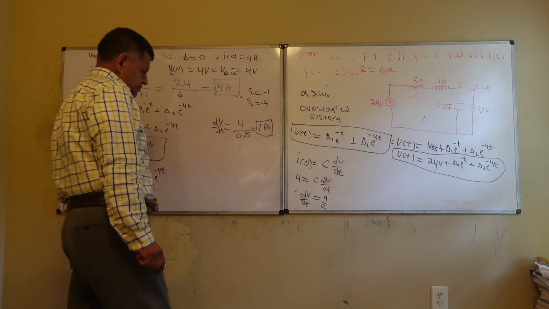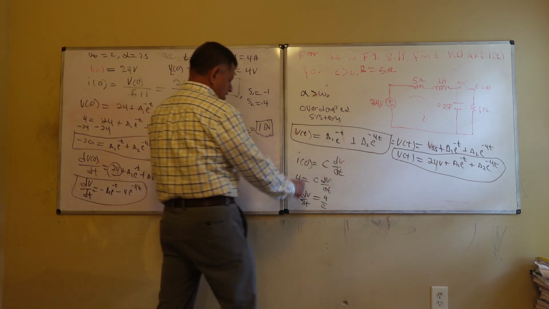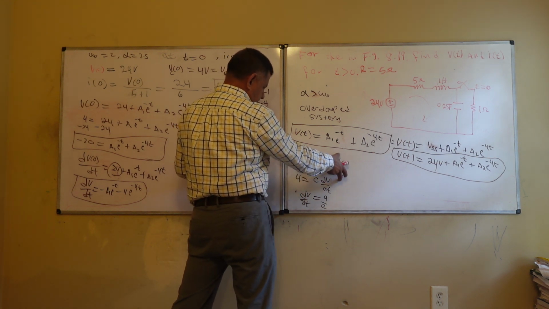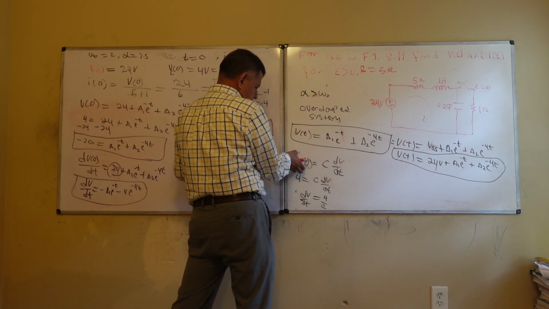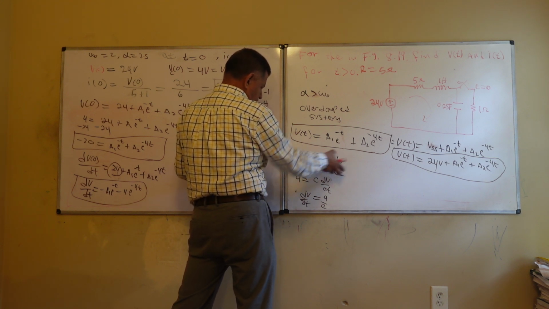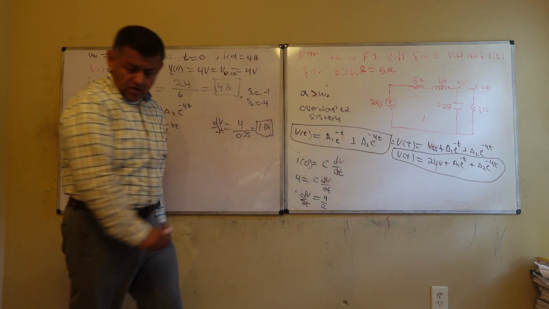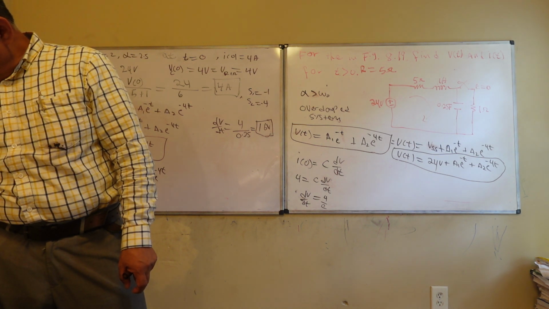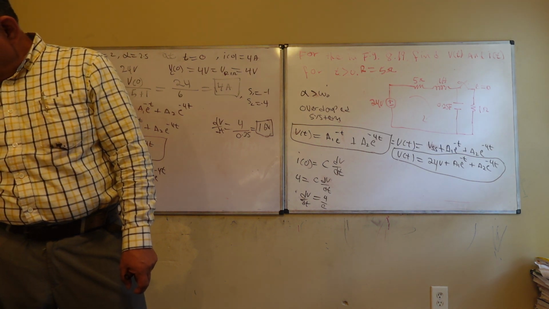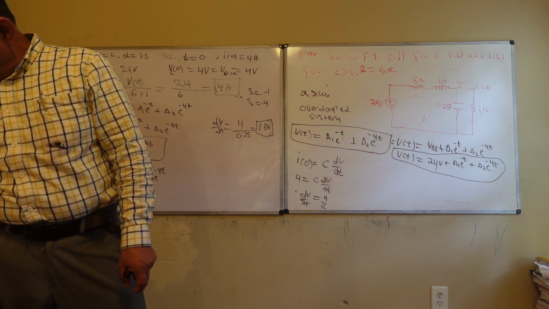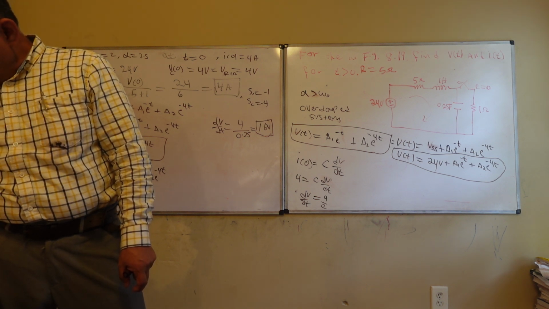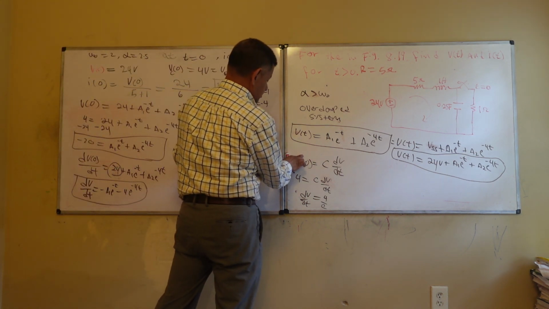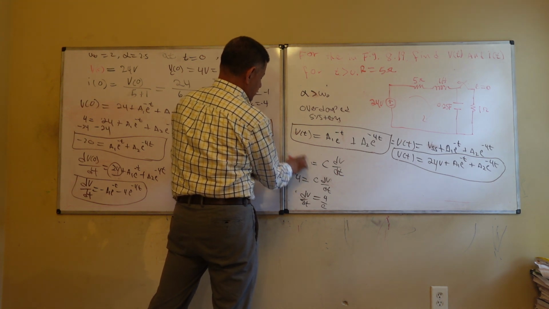Actually, I mean, this is proportional. dV dt is equal to, you can do it like this too.